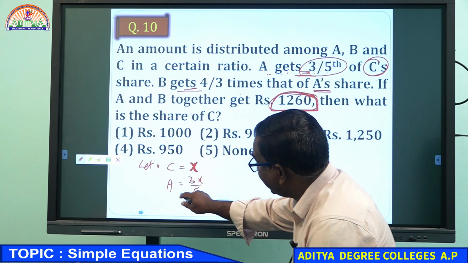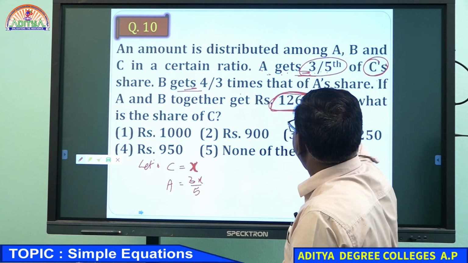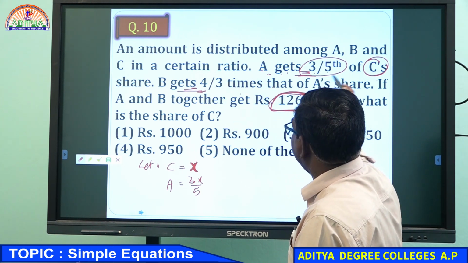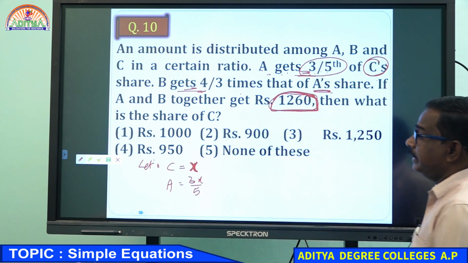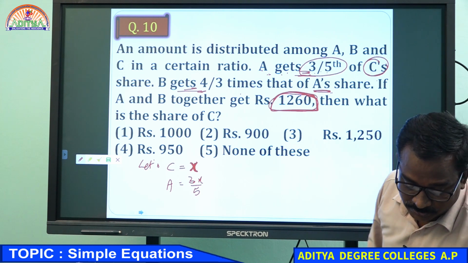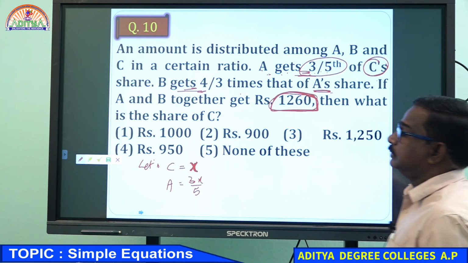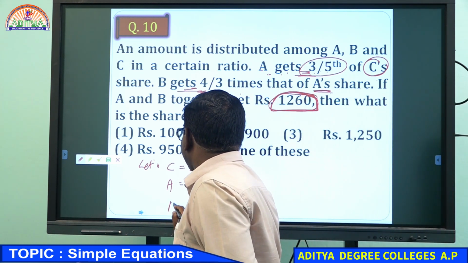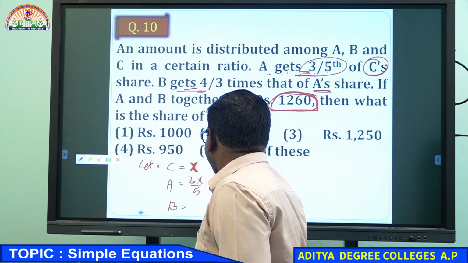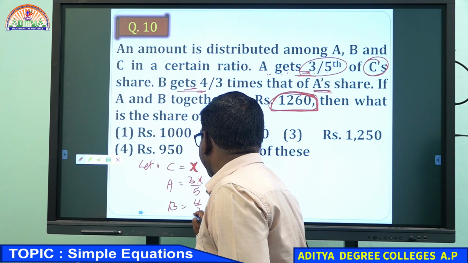Now, B's share depends upon A's spot. For A we got 3x by 5. B is 4 by 3 times this amount, which means you need to multiply.